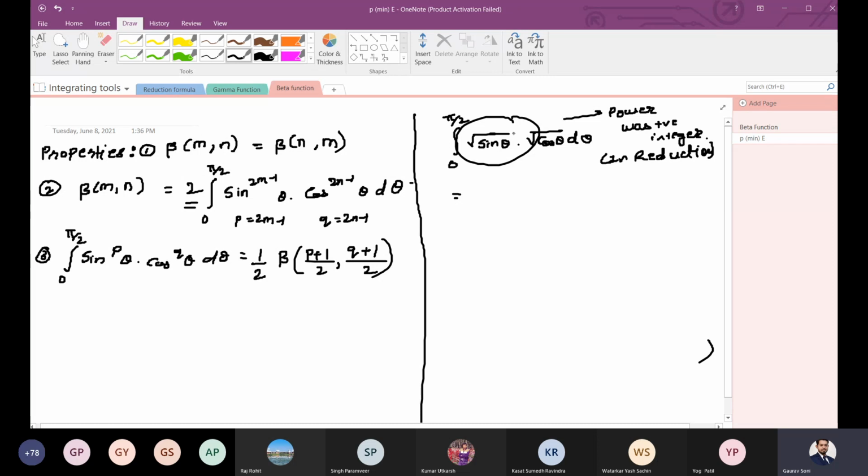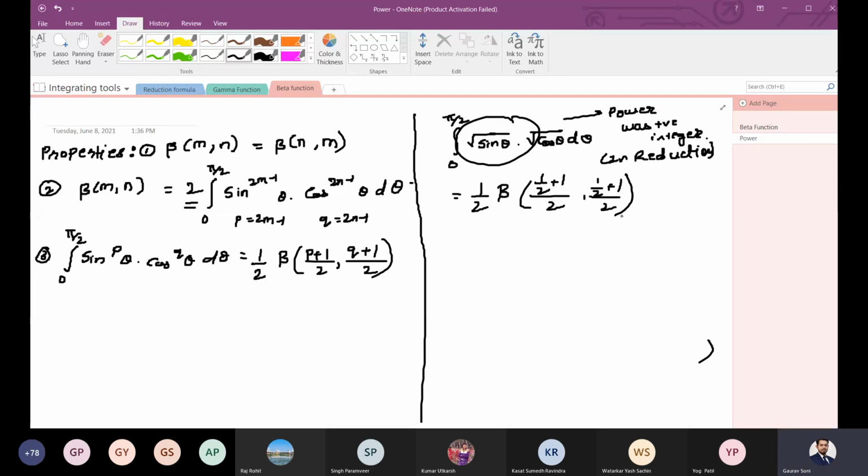What is the value of p here? p is 1 by 2, q is 1 by 2. So the answer to this integration will be 1 by 2 beta of 1 by 2 plus 1 divided by 2 comma 1 by 2 plus 1 divided by 2. So when you have rational numbers as the power, you should go for beta.